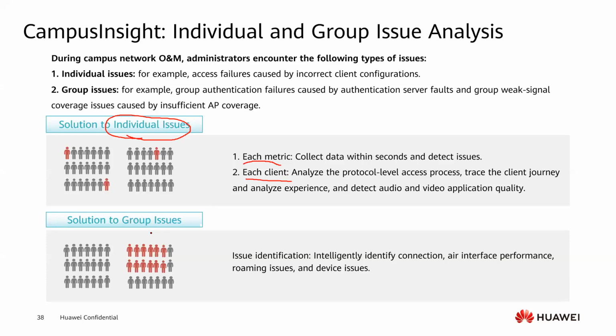And if a group of persons or a group of applications face the same issues, we regard them as group issues. And the Campus Insight also has the function to identify the group issues and locate the root cause of the problem.